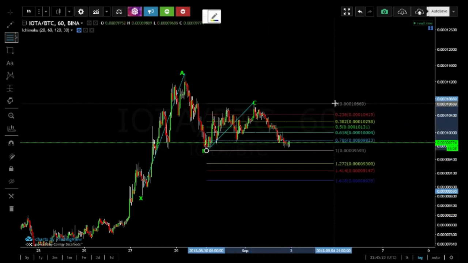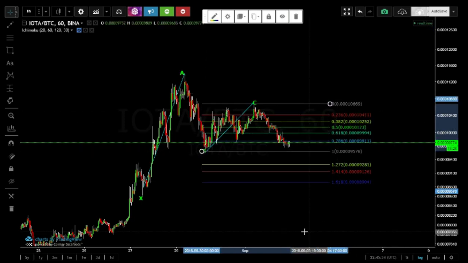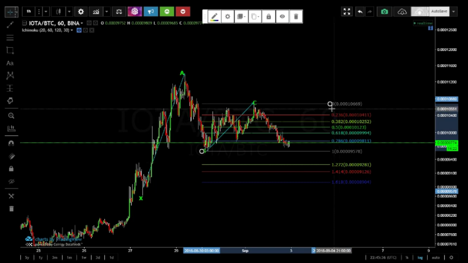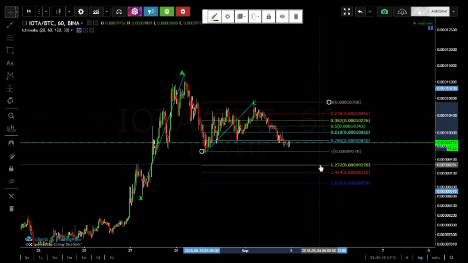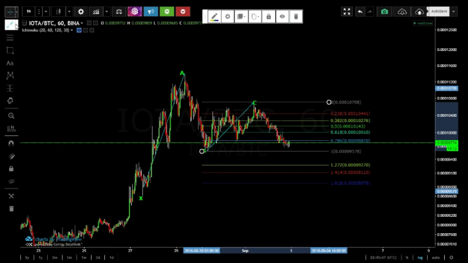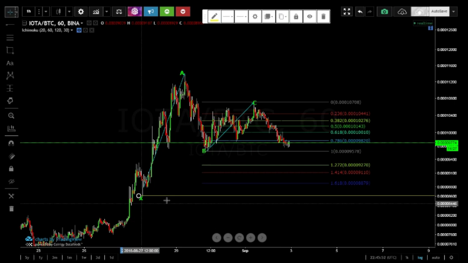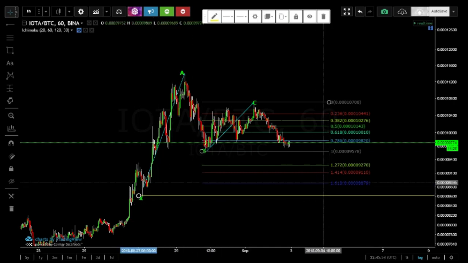You take your Fibonacci retracement ratio from the B leg up to the C leg. Now you should expect price to bottom right at the 1.272 down to 1.618, but it must not get down to the X leg, which is this price.